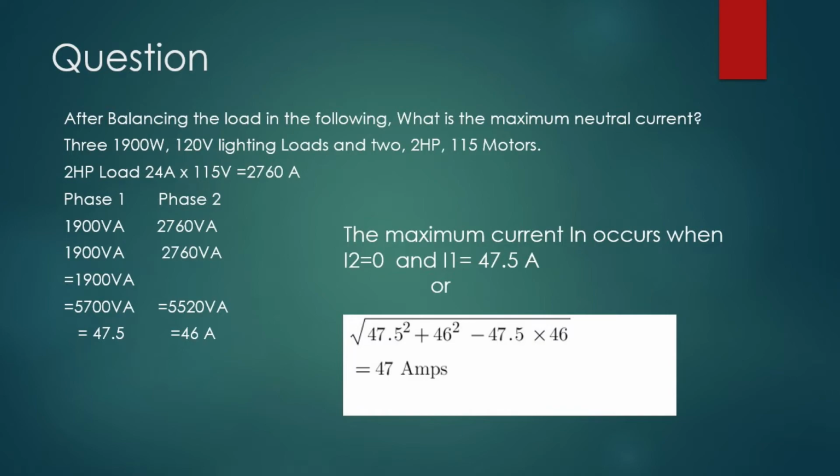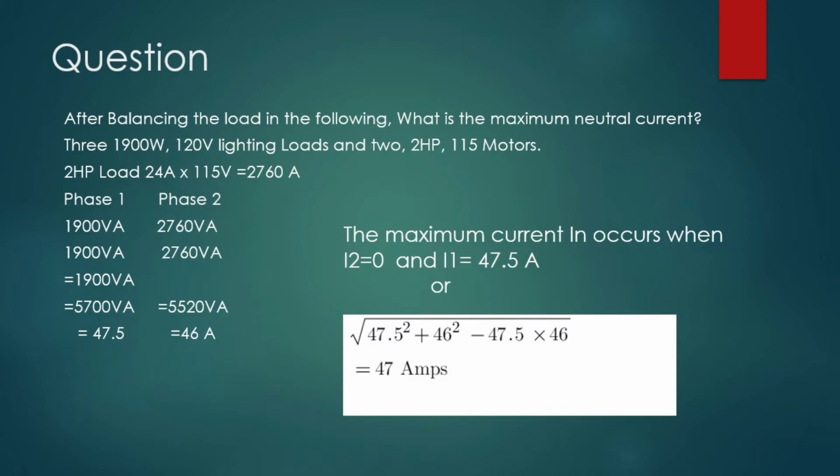So from the two phases, when we calculate the loads, we get one at 47.5 and the other at 46 amps. So we said the maximum amount of current that will flow in the neutral is when I1 or L1 is at max and I2 or L2 is 0. So the value of the neutral current that is going to return is going to be 47.5 amps.